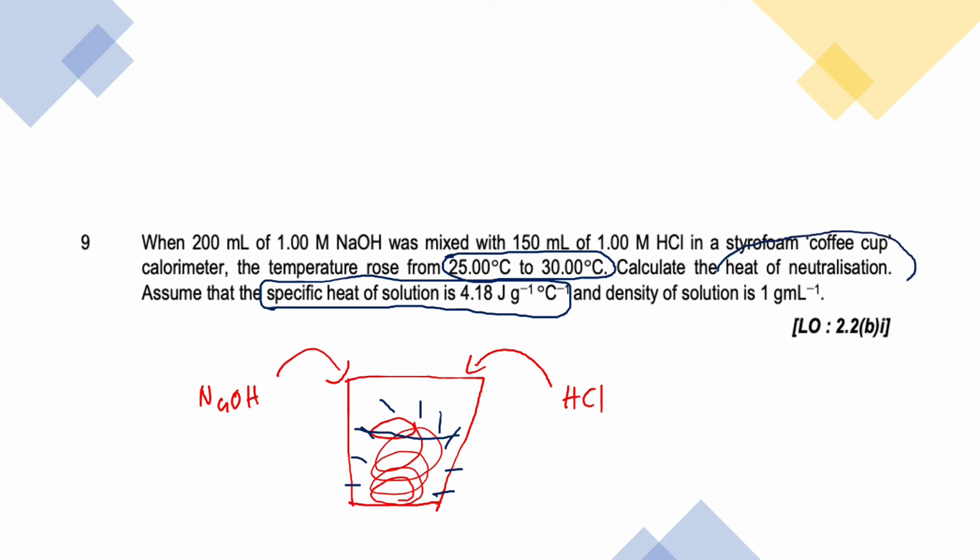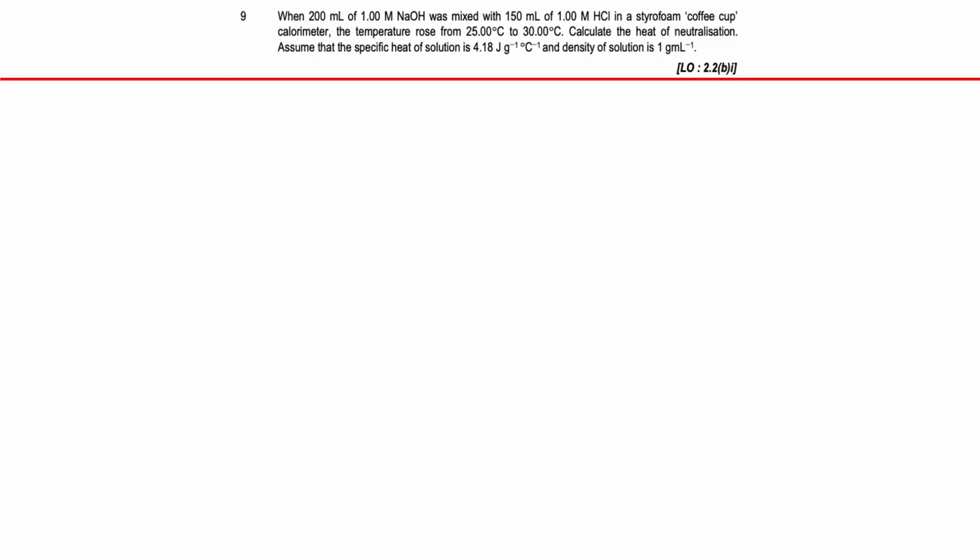Heat of neutralization is referring to 1 mole of H2O produced. However, the change here, from 25 to 30 degrees Celsius, is when 200 ml of NaOH reacts with 100 ml of 1 molar hydrochloric acid. So, what should we do?